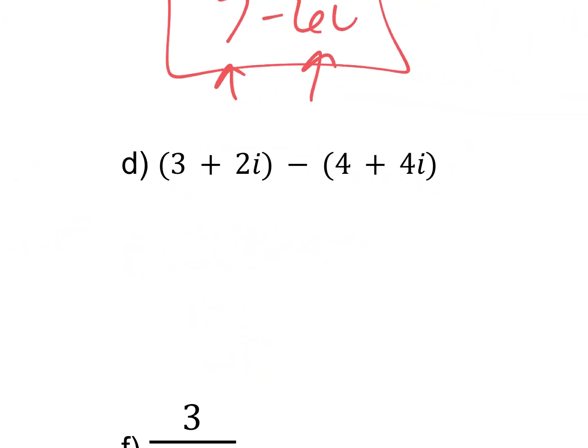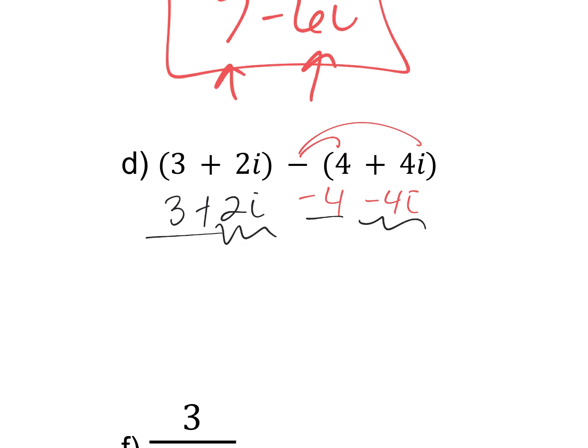Next one. Now the parentheses are doing something. Since you're subtracting, you need to distribute the negative to the second set. Then you just combine like terms per usual. So that would be -1 minus 2i.